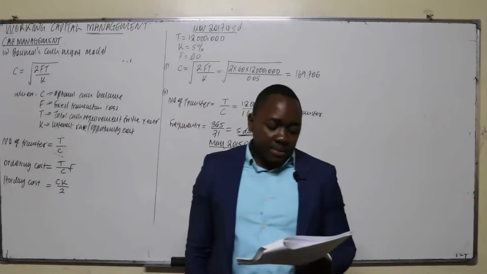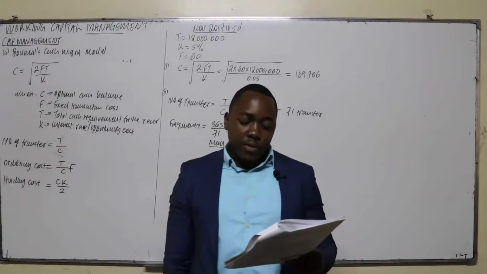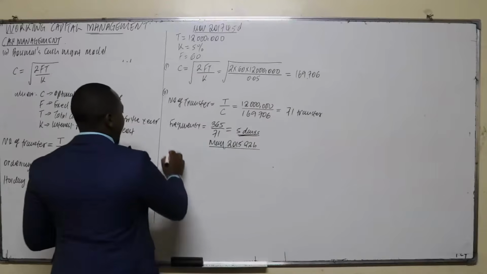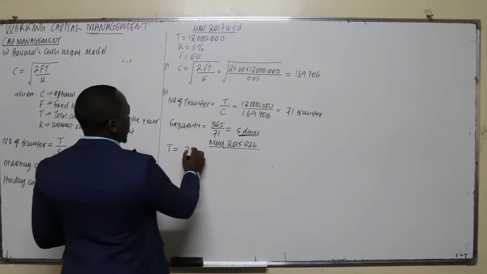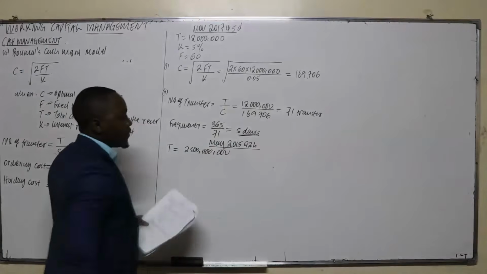The finance department has established that the annual cash requirement for the company is 2,500 million. That's T. The total cash requirement is 2,500 million. Yeah, that's 2.5 billion.